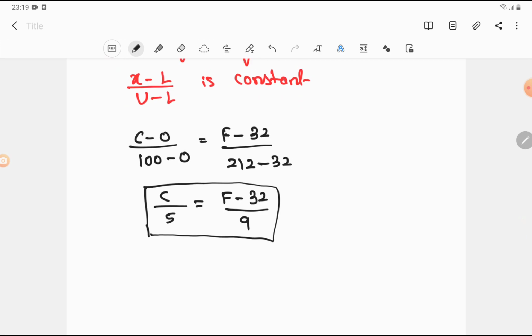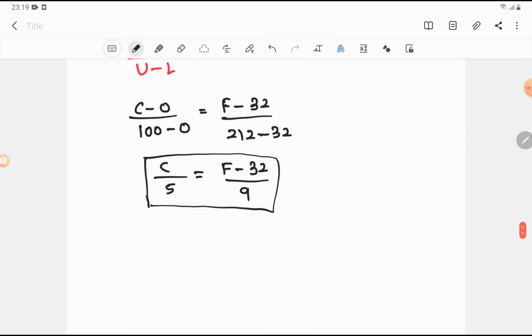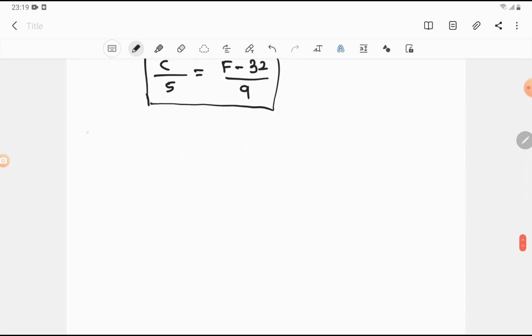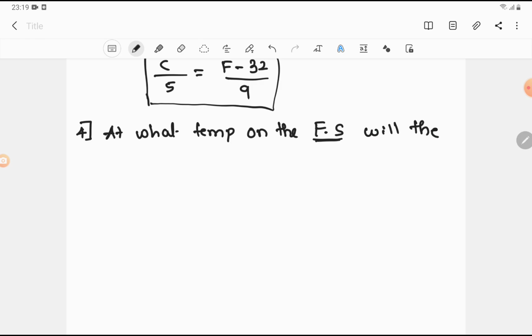Let us go to question number 4. The question says, at what temperature on the Fahrenheit scale will the reading be double on the Celsius scale?